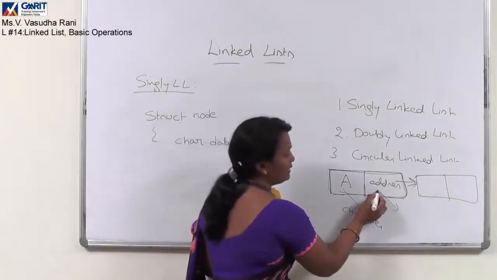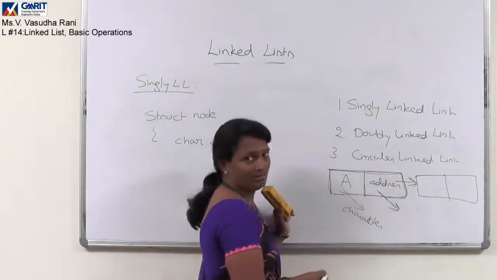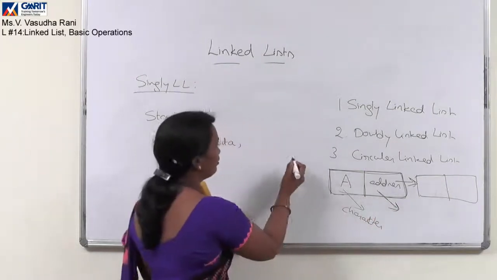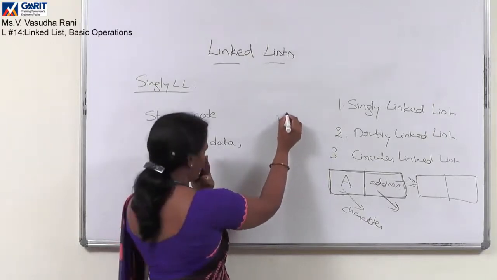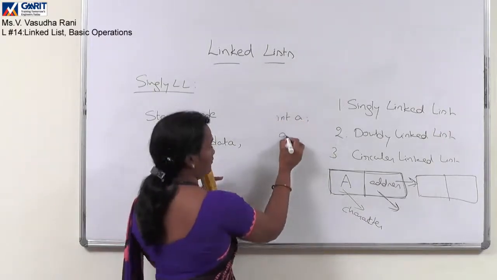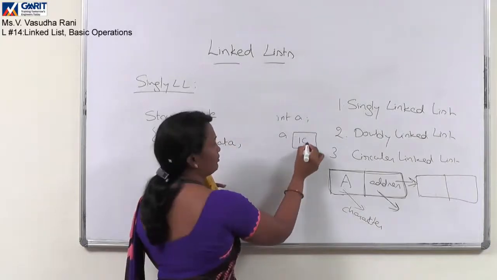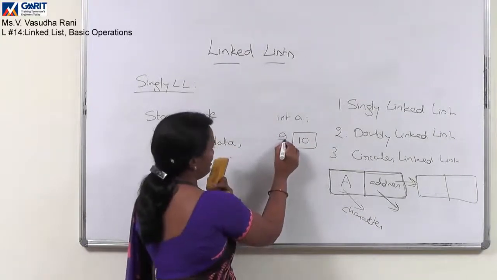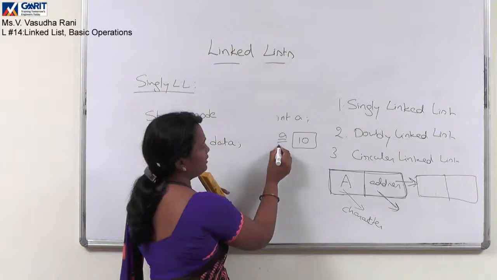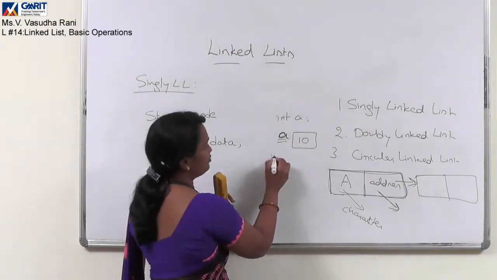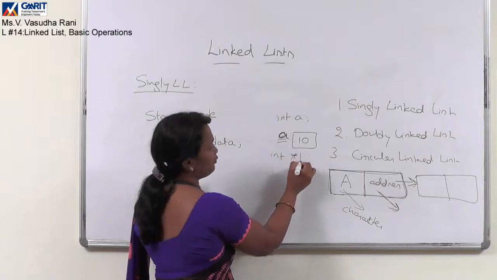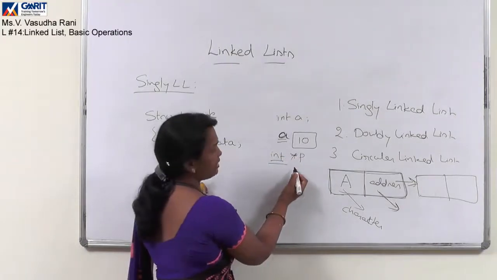While defining the data type of this address, we already know that if int a refers to some value like 10, then in order to have a pointer refer to this a value, you have to define a pointer with the same integer type.